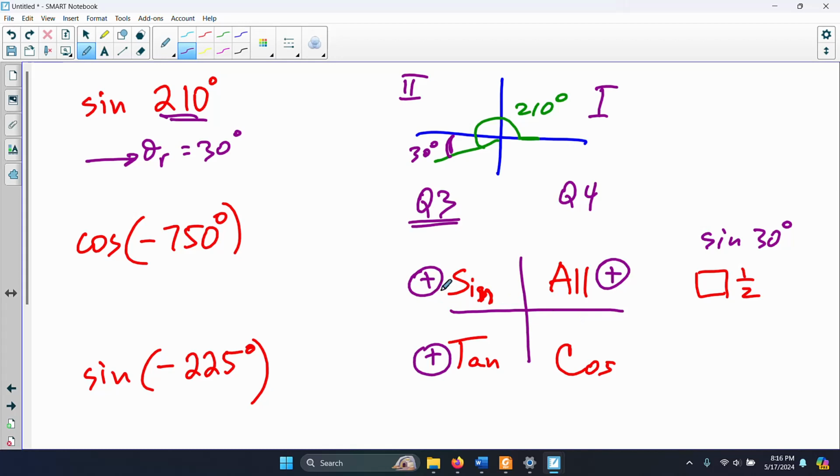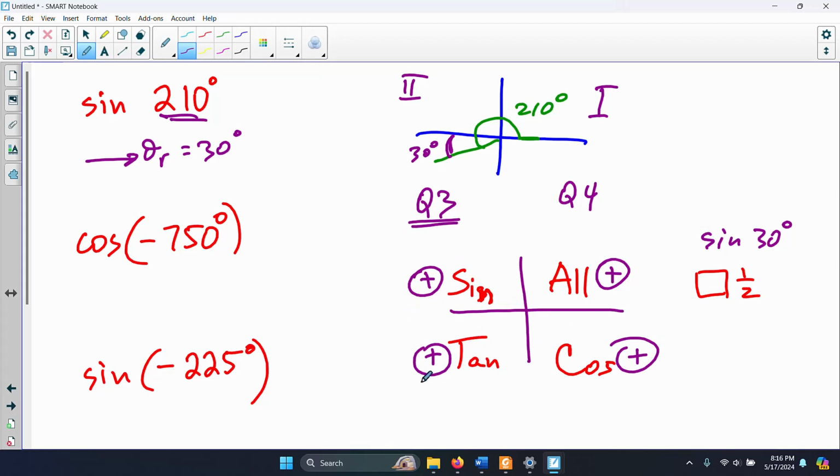In the second quadrant, sine is positive, but tangent and cosine are negative. In the third quadrant, tangent's positive, but sine and cosine are negative. And in the fourth quadrant, cosine's positive, but sine and tangent are negative.